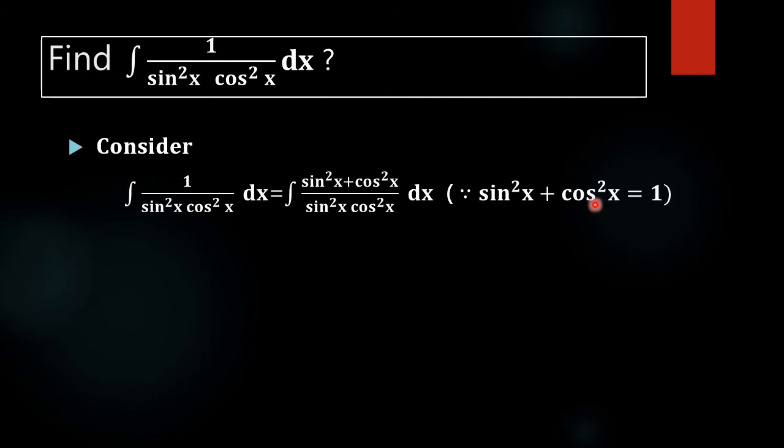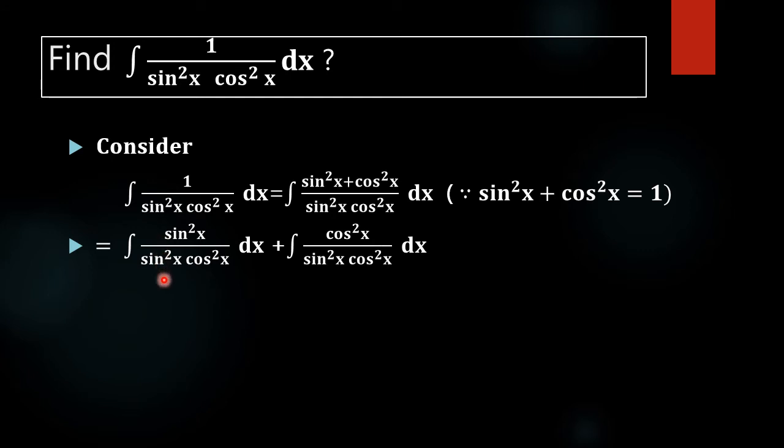Now, in the next step, we are going to divide each of these terms in the numerator by the denominator. By dividing each term of the numerator by the denominator, we will get the integral of sin square x divided by sin square x cos square x dx plus the integral of cos square x divided by sin square x cos square x dx.